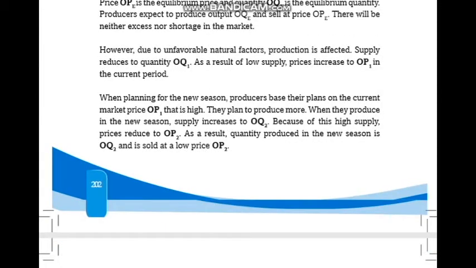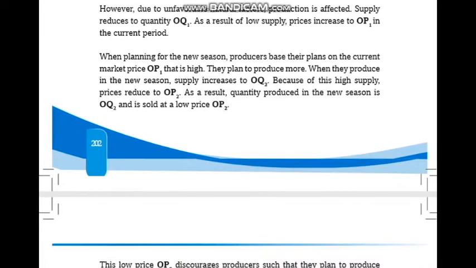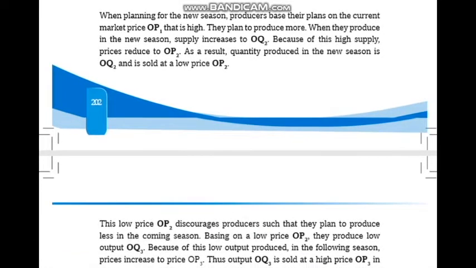However, due to unfavorable natural factors, production is affected. Supply reduces to quantity OQ1, so prices increase to OP1 in the current period. Analyze the graph well. When planning for the new season, producers base their plans on the current market price OP1, which is high.